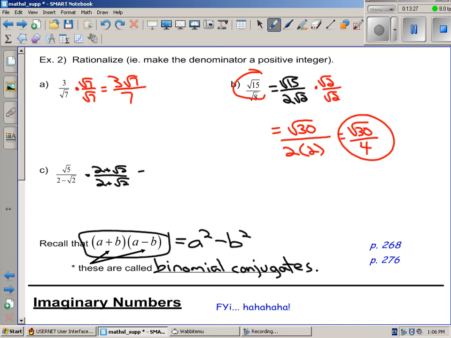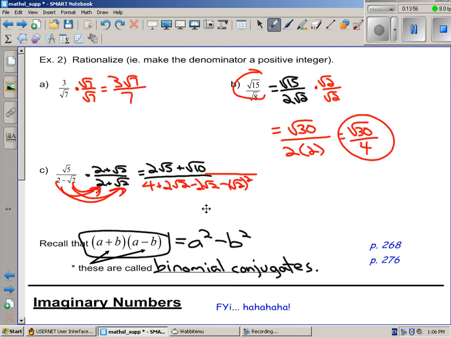Let's see what happens. We're going to get 2 root 5 on the top plus root 10. That's okay. We're saying it's all right to have radicals on top. Now, for the bottom, we'll have 2 times 2, that makes 4, plus 2 root 2, minus 2 root 2, minus root 2 squared.